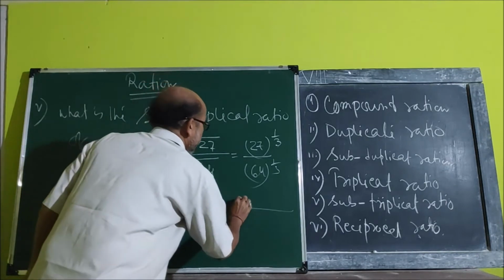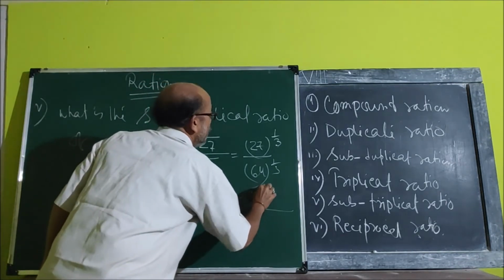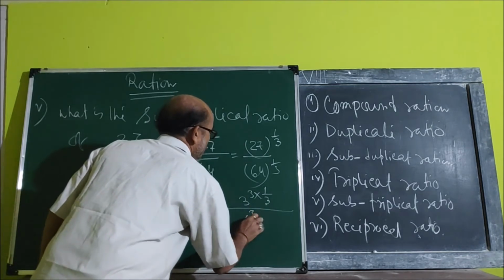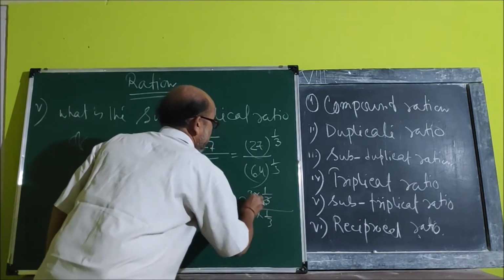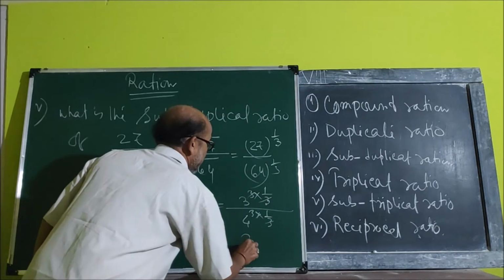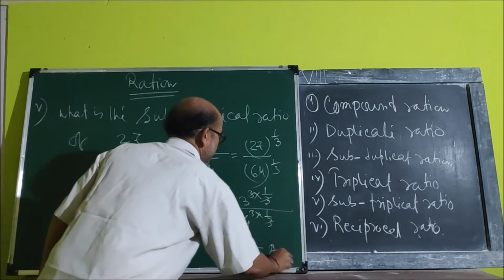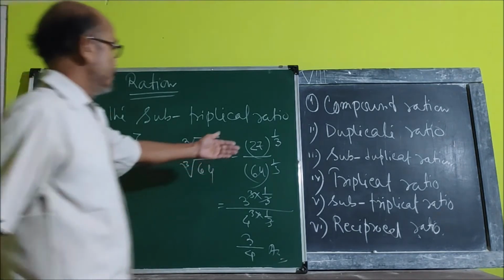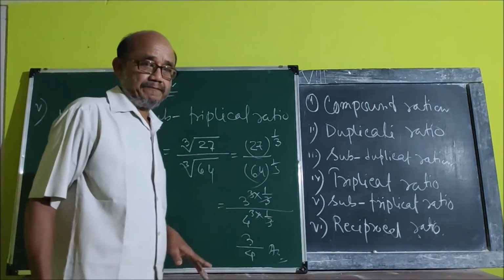We can write 27 as 3 cube to the power 1/3 and 4 cube to the power 1/3. That means the answer is 3/4. No need to do this, you can put it directly.